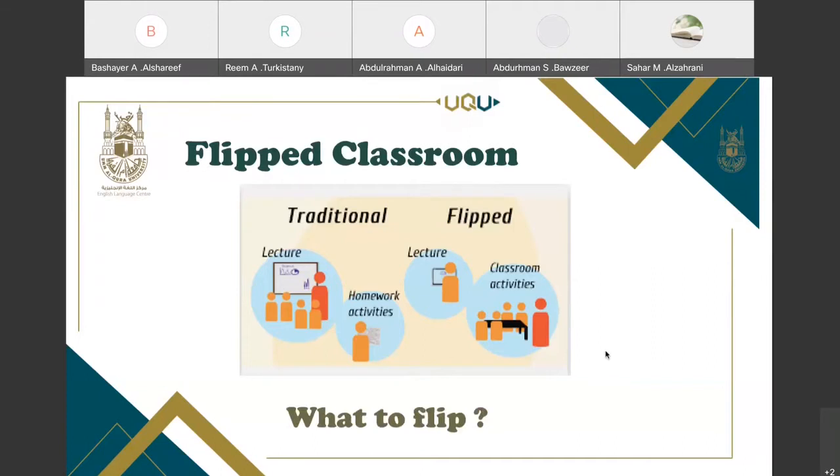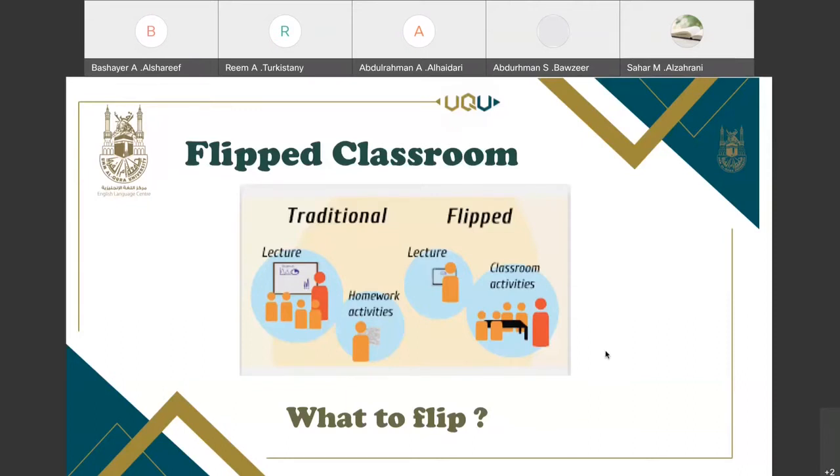Now, the question is, I want to flip my class, but what exactly are we flipping? Are we flipping the role between teacher and student? Are we flipping the lessons? Are we flipping the places? What are we flipping exactly? The role, all right.